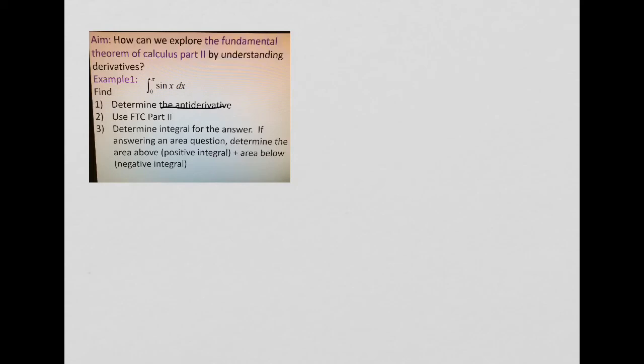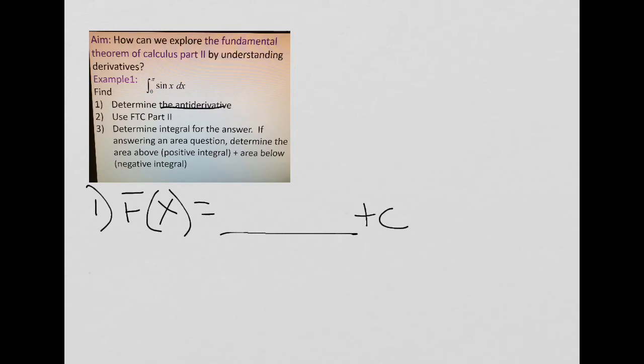So we have capital F of x equals something plus c. We didn't get into the rules of integration just yet. That is to find our antiderivative. So for right now, we just have to understand the association between what our functions are and our derivatives are.